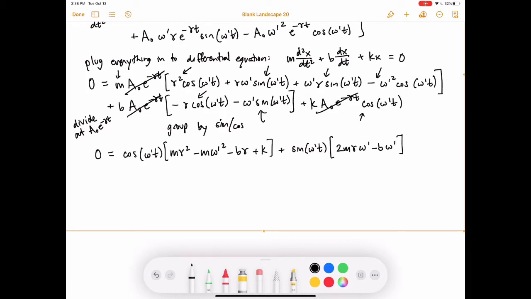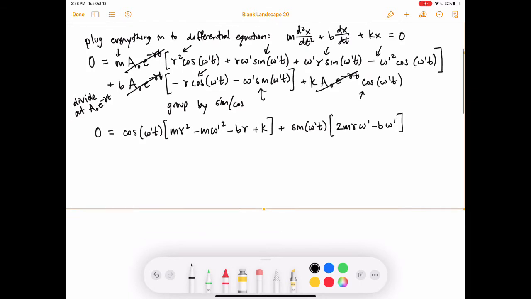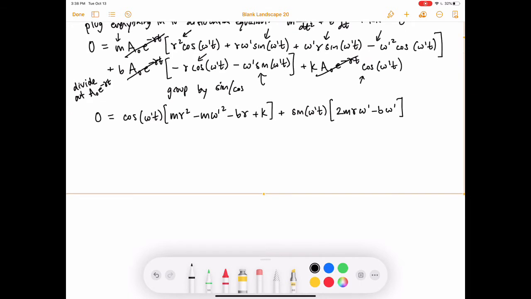Okay, now we're getting somewhere, because if this is going to work as a solution, the entire right-hand side of the equation has to equal 0. So the solution will work as long as both terms in brackets are equal to 0.